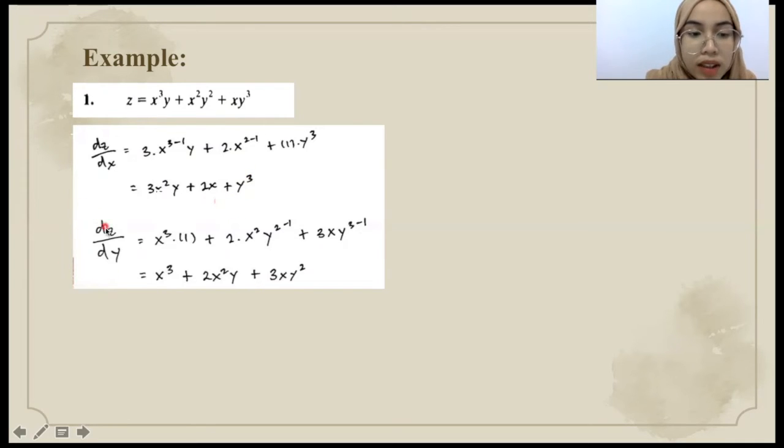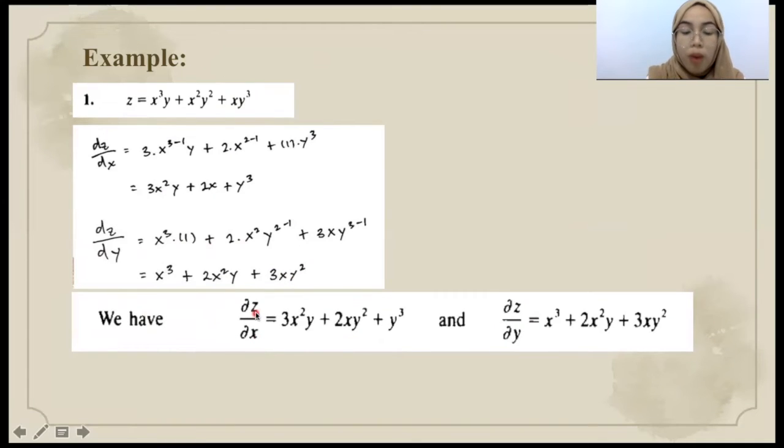And now partial z with respect to y equals x cubed times 1, because the derivative of y is 1, plus 2 times x squared y to the power 2 minus 1, plus 3xy to the power 3 minus 1. So the result is x cubed plus 2x squared y plus 3xy squared. So partial z with respect to x is equal to this, and partial z with respect to y is equal to this.